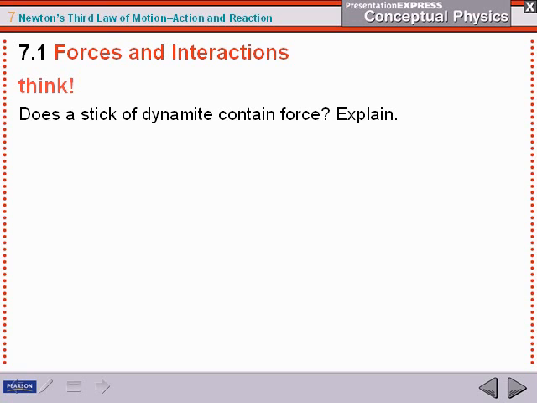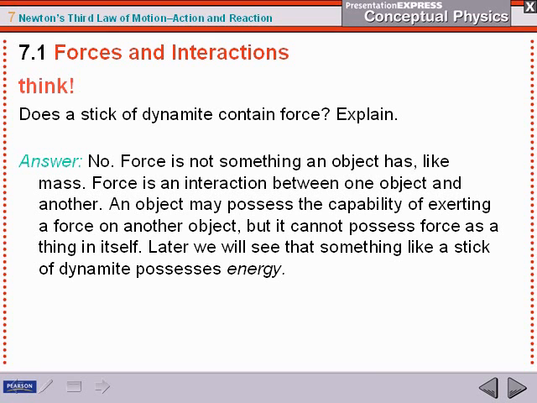So let's think about this. Does a stick of dynamite contain force? The answer to that is no. It's not something you can have. It's an interaction. It isn't something you possess. You can possess the energy to make a force.